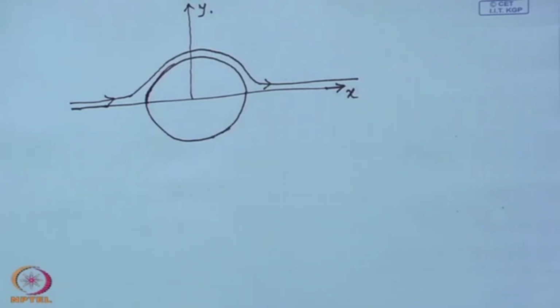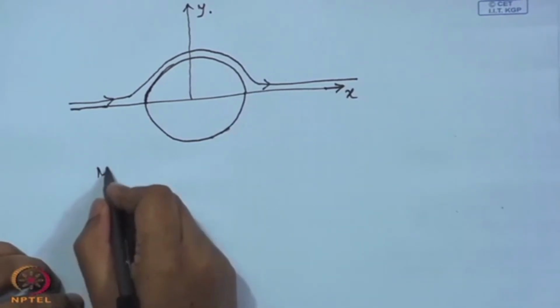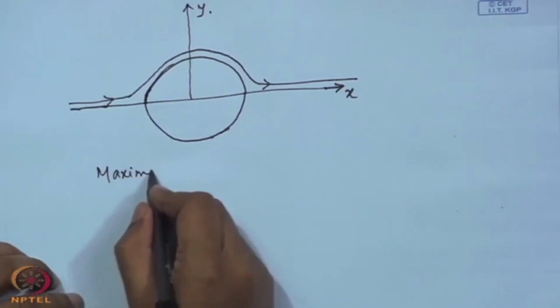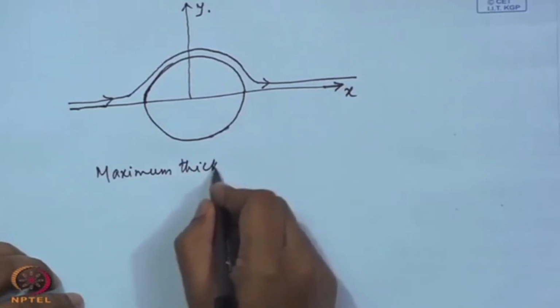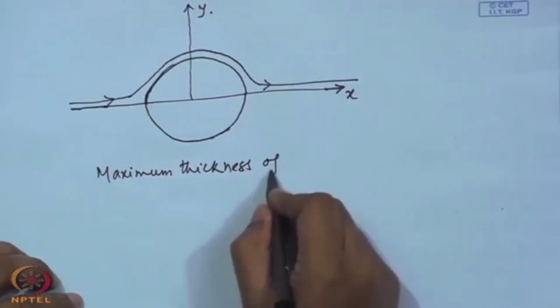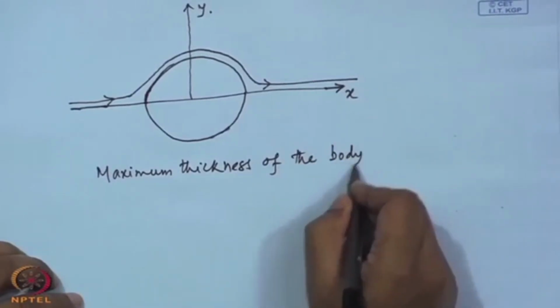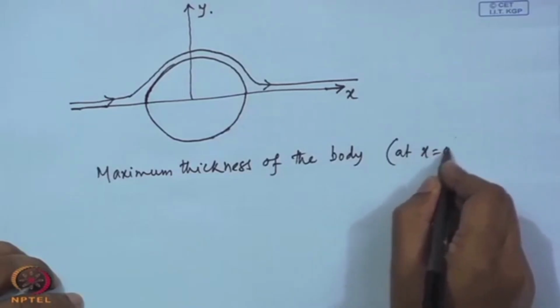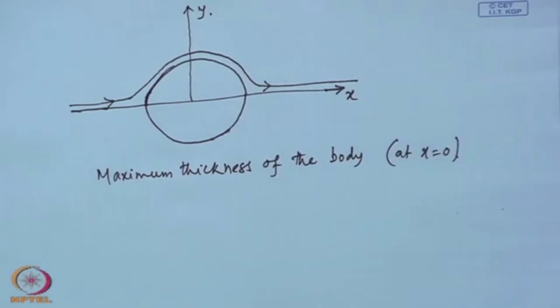So, what will be the maximum thickness of the body? Find y at x equal to 0.